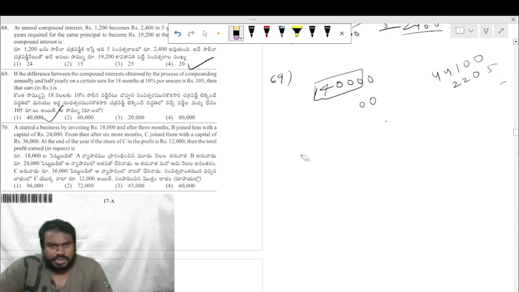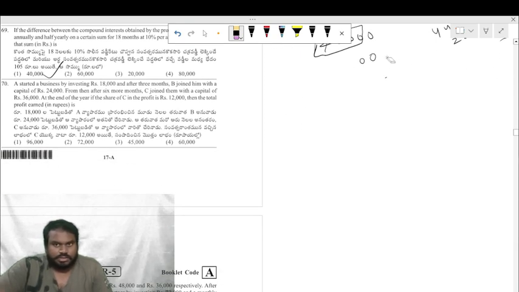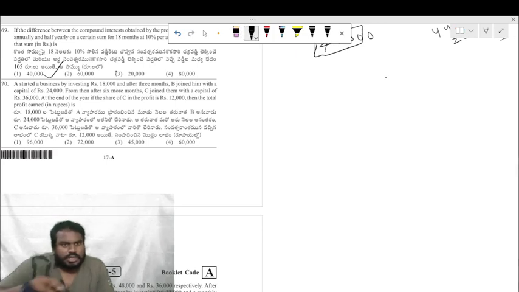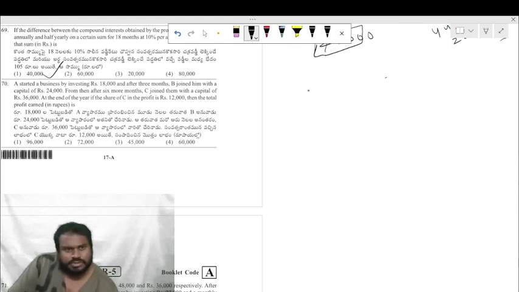Question 70. A started a business by investing 18,000, and after 3 months, B joined him with a capital of 24,000. Then after 6 more months, C joined them with a capital of rupees 36,000. First A joined.